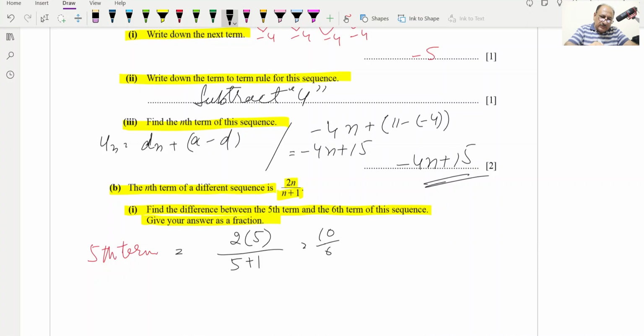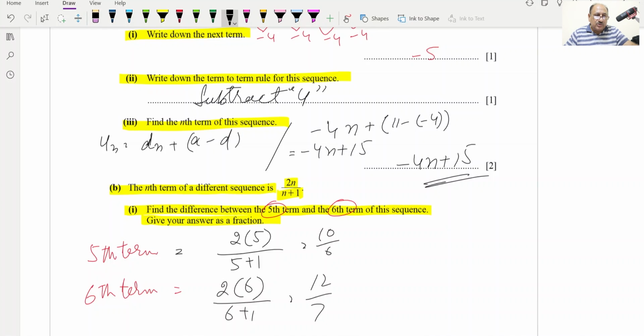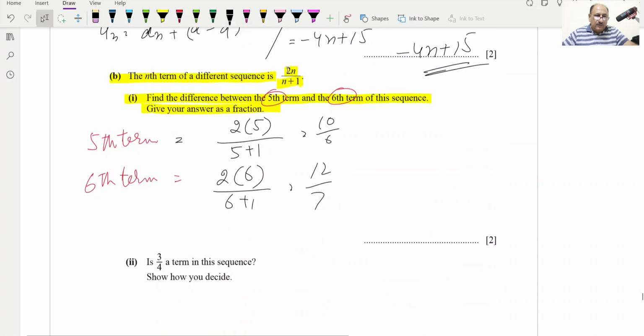And the 6th term also we can write, because they are saying 5th term and 6th term. So the 6th term will be equal to what? We will replace n by 6, so 2 into 6 over 6 plus 1, which is equal to 12 over 7, not 17, 7.